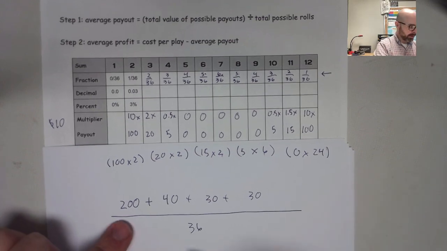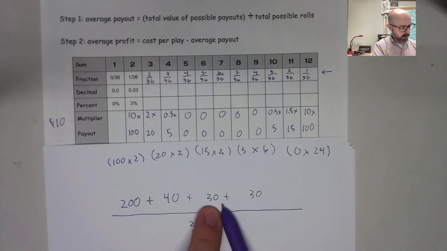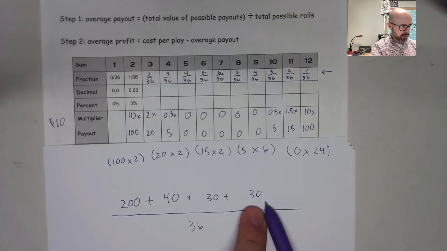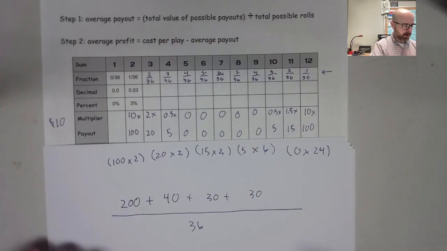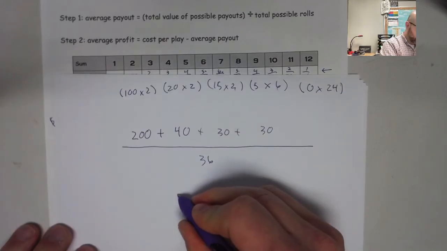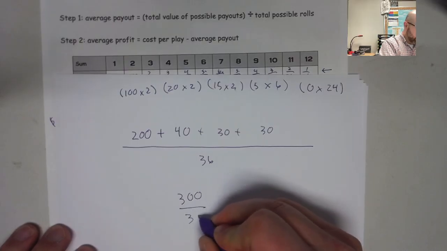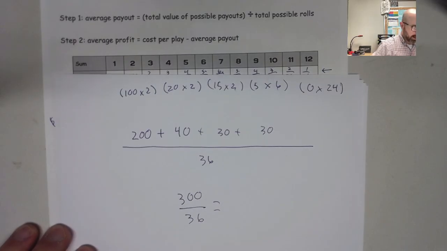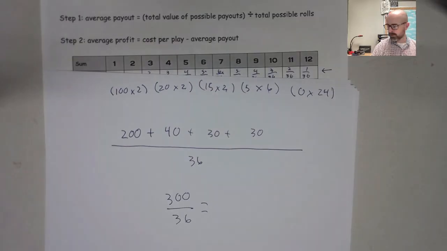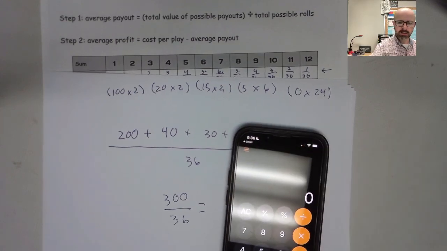So let's add these up. 200 plus 40, that's 240, plus 30, that's 270, plus 30, that equals 300. So now I have 300 divided by 36 equals my average payout. Now, this is my average payout for a $10 play.